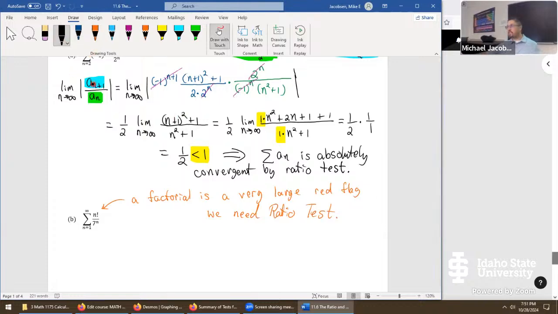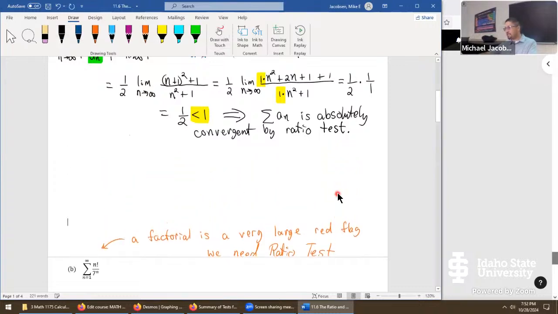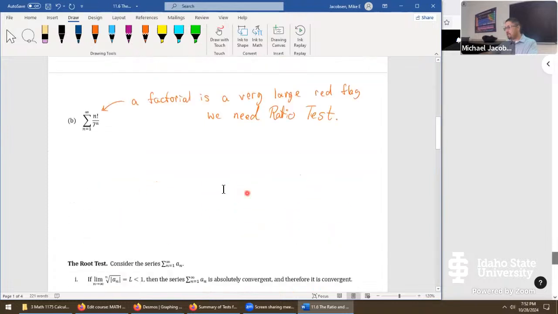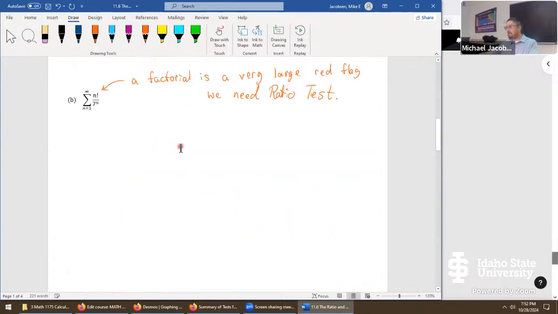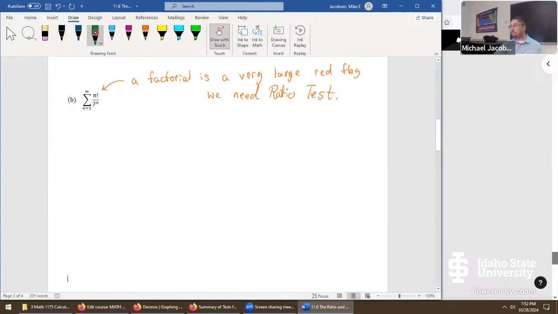So running through the ratio test on this one, not too bad, but we might need another page. Let's push this down to the next set. And let's start like we did before. Let's indicate first AN. AN is n factorial, divided by 7 to the power of n.